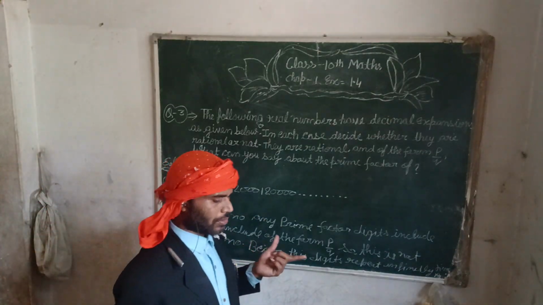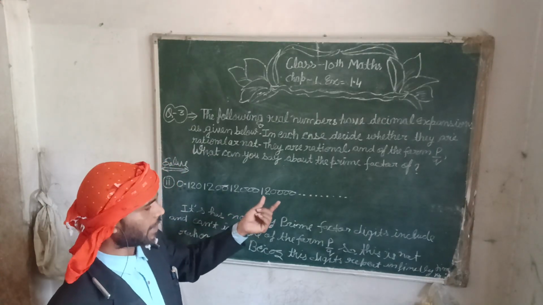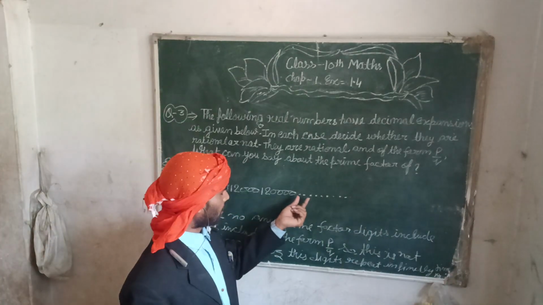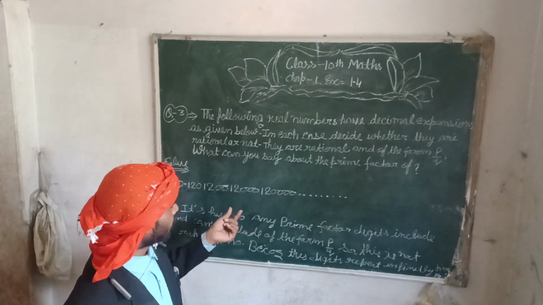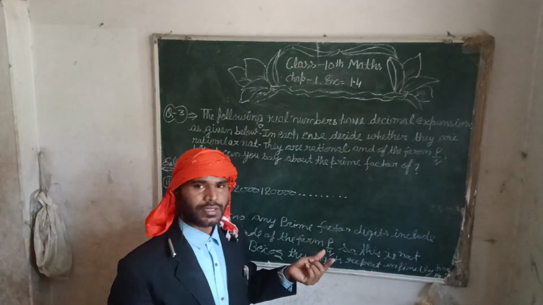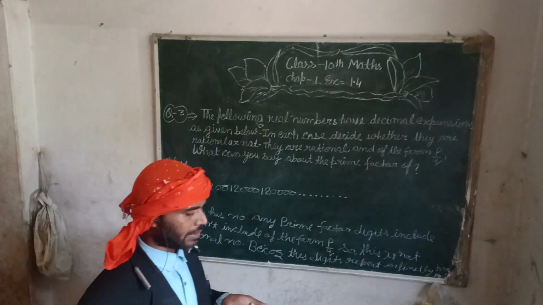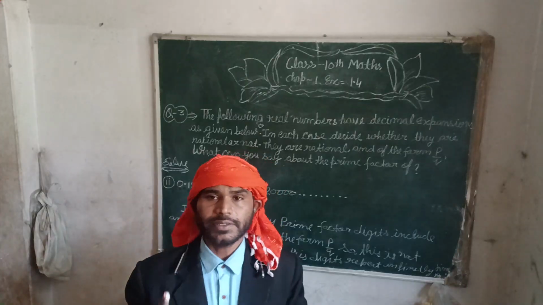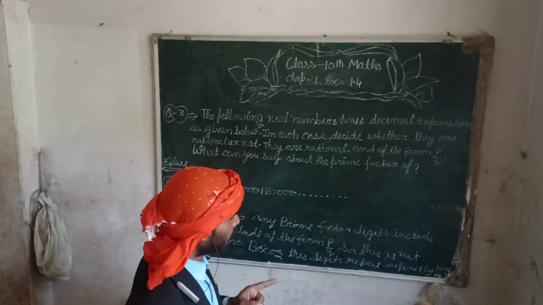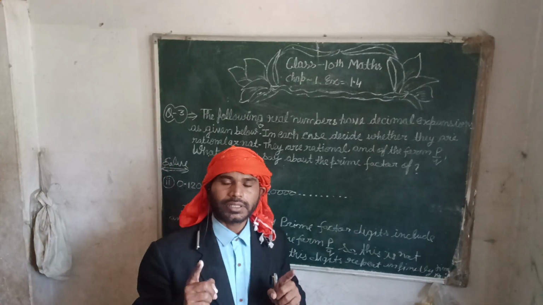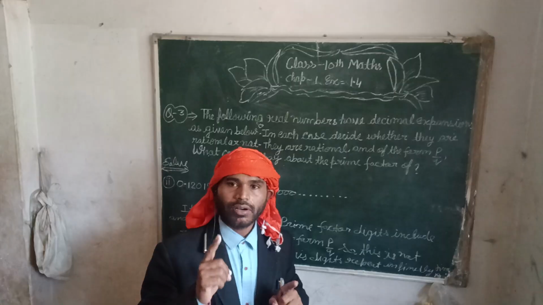So the 0 repeats many times, given with dots, and this number goes forward infinitely. So it cannot easily be changed into the form P upon Q. If a number cannot be converted into P upon Q, then that number is not a rational number.